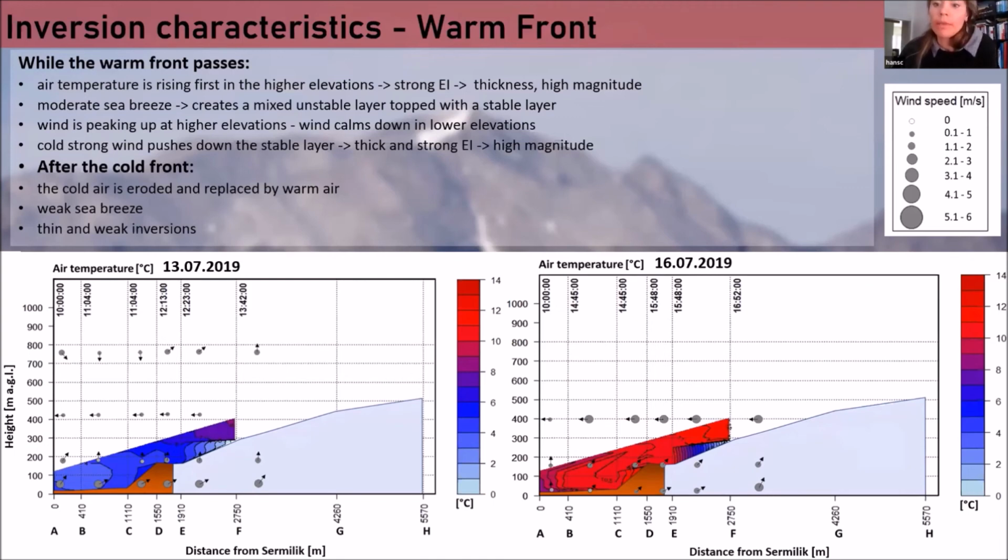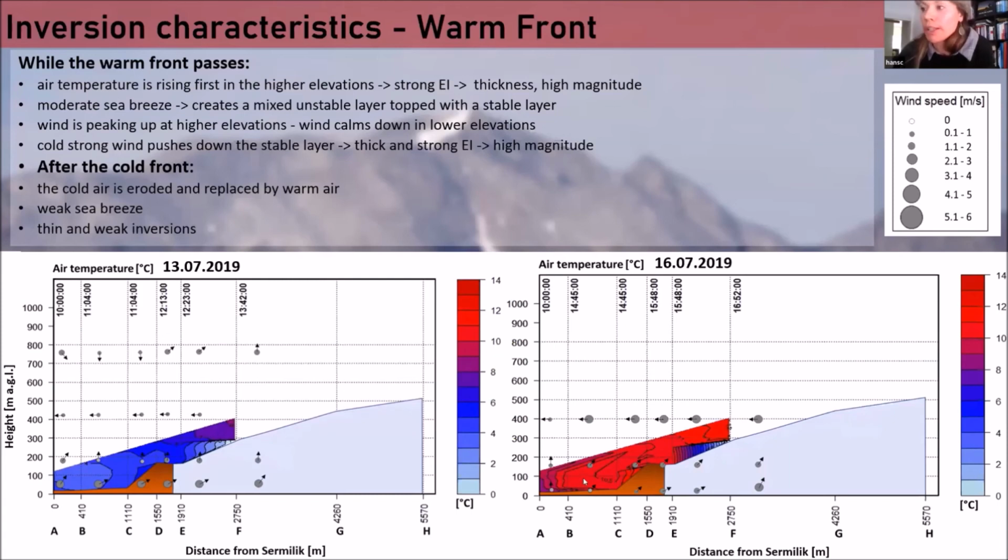Over the day, the wind speed at higher elevations is picking up, while in the lower area the wind calms down. This cold, strong wind then pushes down the warm, stable layer, and this again creates quite strong elevated inversions with high magnitudes.